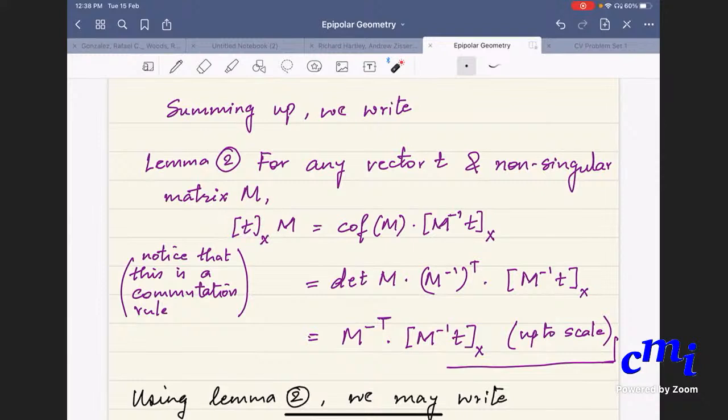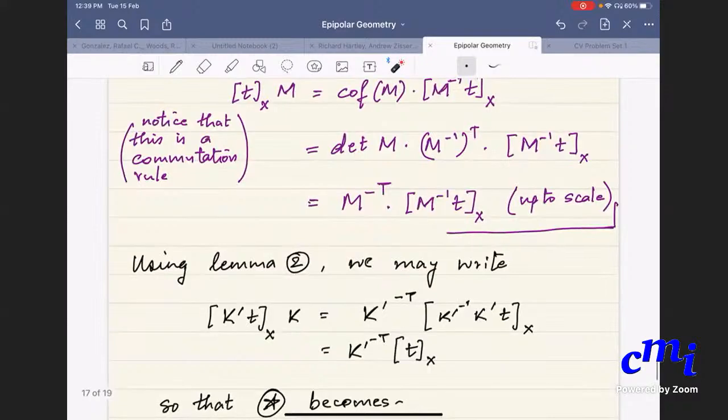If you want to start with T on the left and put it on the right, then you have to make these changes. This is all up to scale, because this is actually multiplied by determinant M, and I'm getting rid of that determinant M. So I have written up to scale. So the point is we have this commutation relation for these matrices. And that is what we want to use.